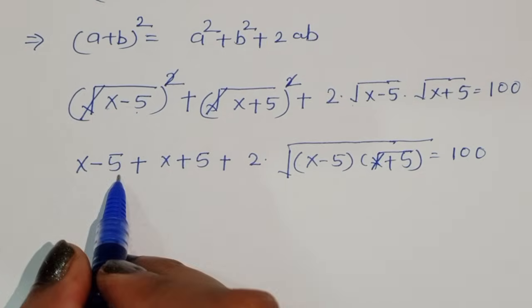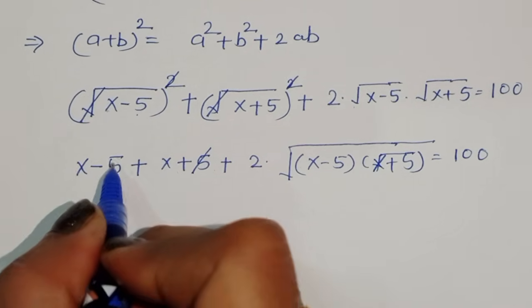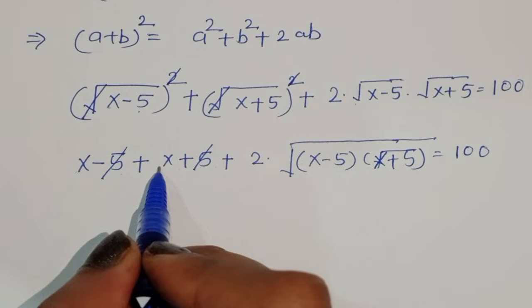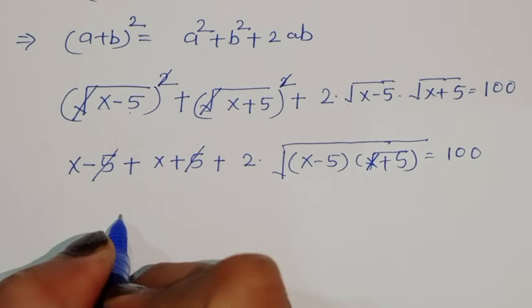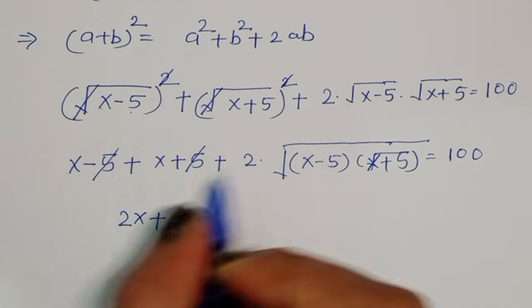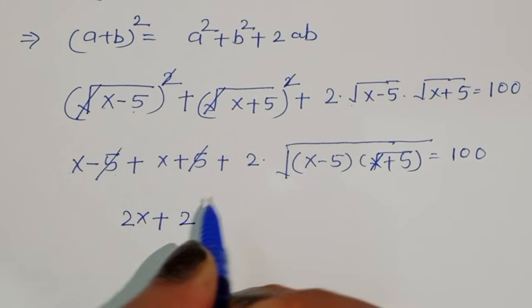Now the 5 is cancelled from the 5, and x plus x becomes 2x. So we get 2x plus 2 times the square root.